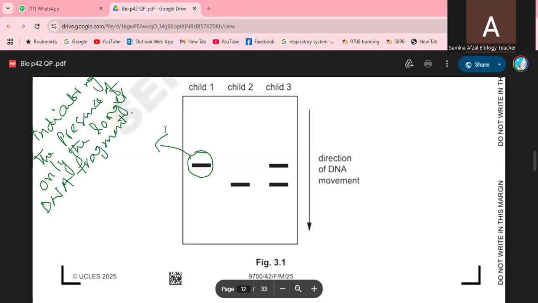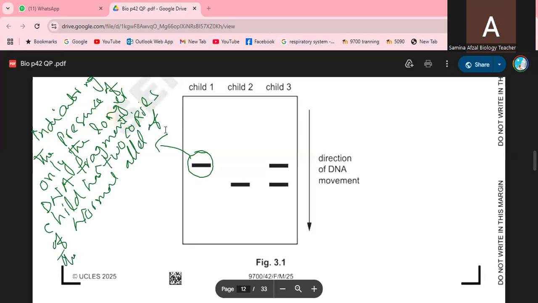And it means this child has 2 copies of the normal allele of MTRNR1. So this child will have normal.